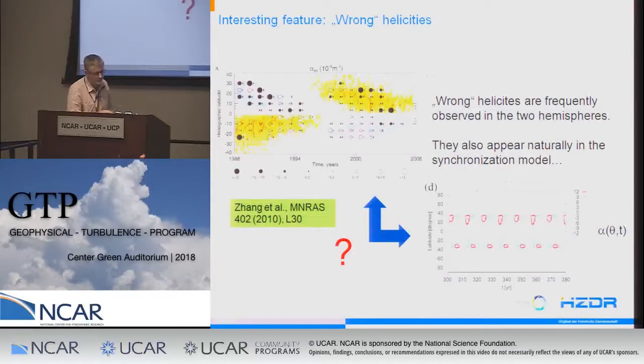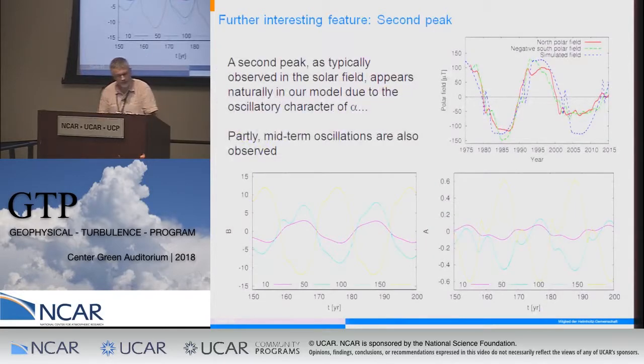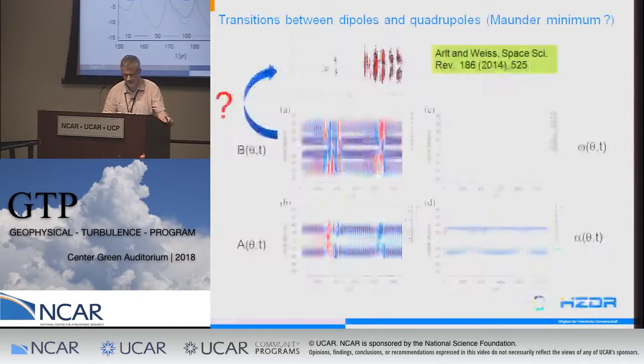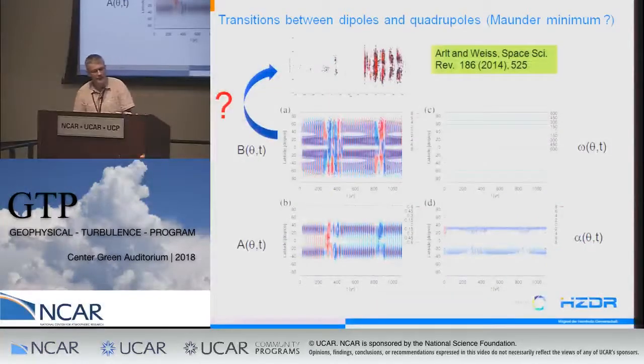What we also get, it's a funny thing, even in the northern hemisphere we have a dominant positive helicity, but also some negative helicity, and this is reminiscent of what has been found by Zhang and Kosovichev and other colleagues. We very naturally observe the second peak, if you take the north and south polar field here, we observe it always in our simulations. It's very intrinsic to our models.